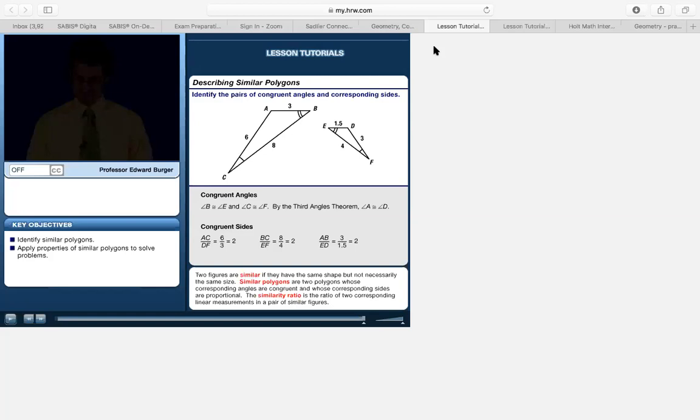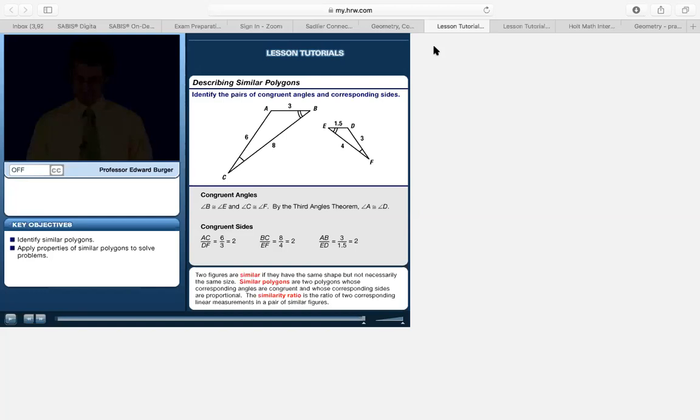Yes, excellent. What is opposite to angle D? EF. Excellent. So if I put the measure of BC, which is 8, over EF, which is 4, 8 over 4 is 2. So you see, girls, when I divide the two sides, AC and DF, they give me 2. BC and EF, they give me 2. AB and ED, they give me also 2. So their angles are congruent.